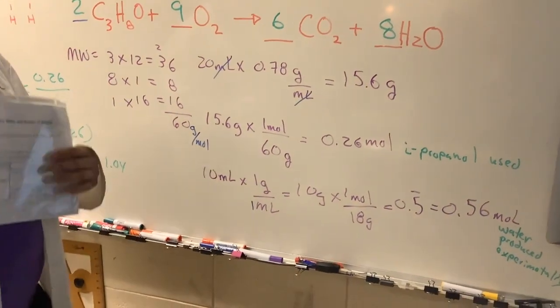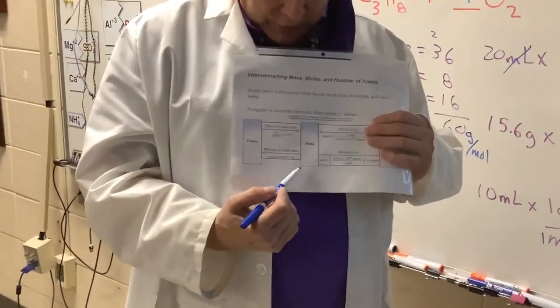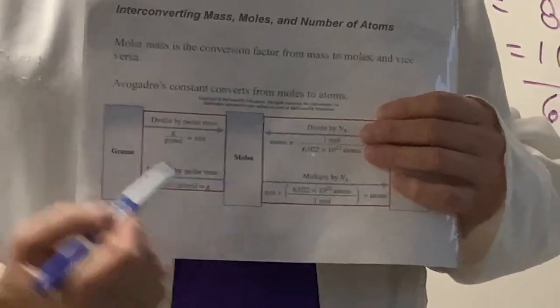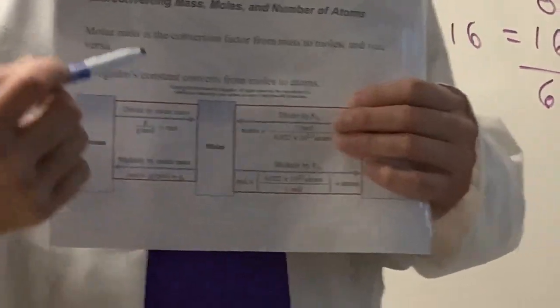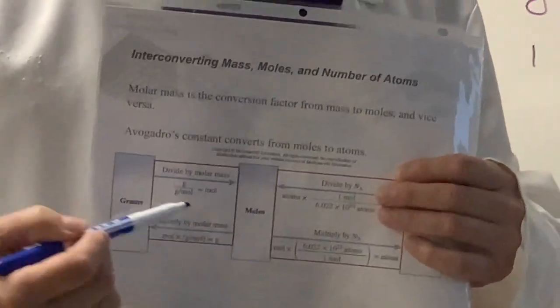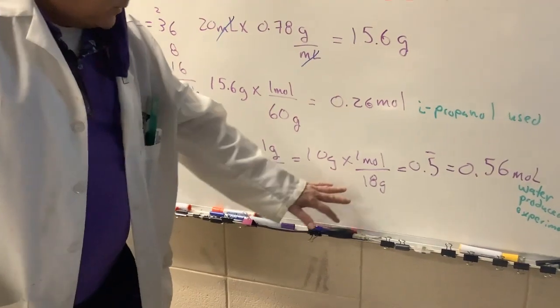So again, if I want to convert my 10 grams of water to number of moles of water, I follow my mole map. It says divide by the molar mass, the molecular weight, the molecular mass, and that is 18 grams, 1 mole per 18 grams.